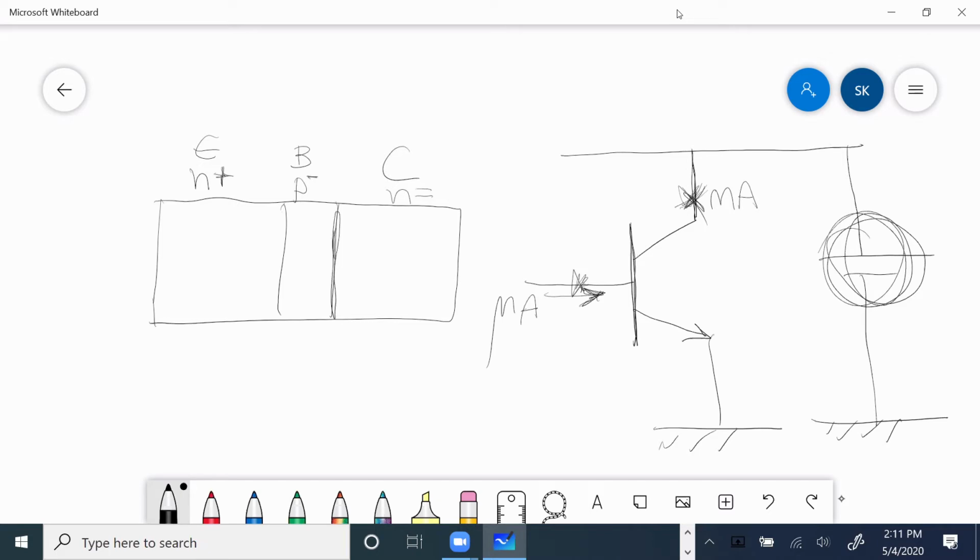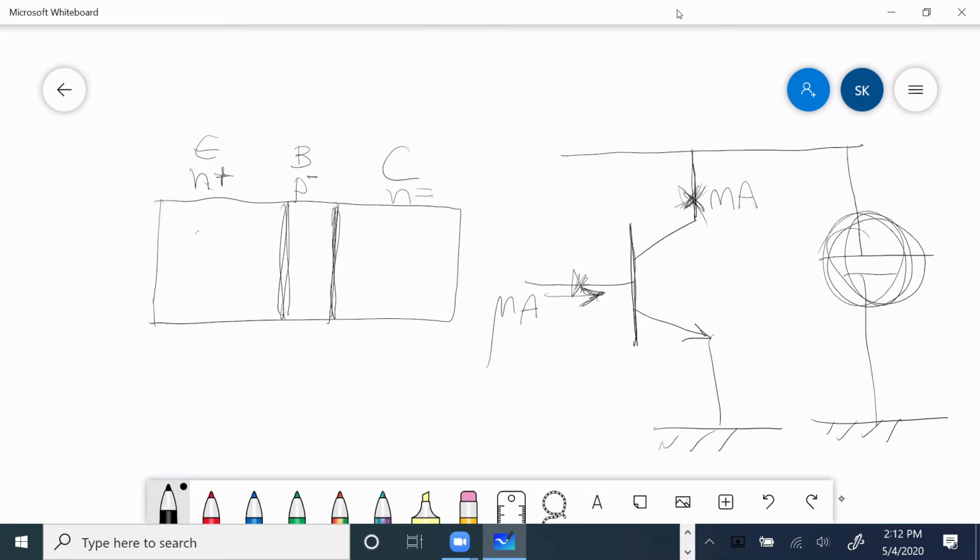So manufacturers who want to make transistors have to do two things. One, make N heavily doped, P lighter doped, N very lightly doped, NPN, call it emitter, base, collector, and two, make the width of the base narrow. That's all they have to do.